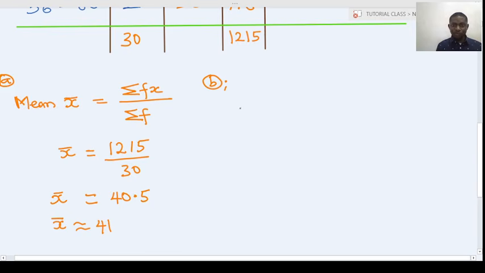The formula for variance is equal to the summation of f times (x minus x bar) all squared, divided by the summation of f.